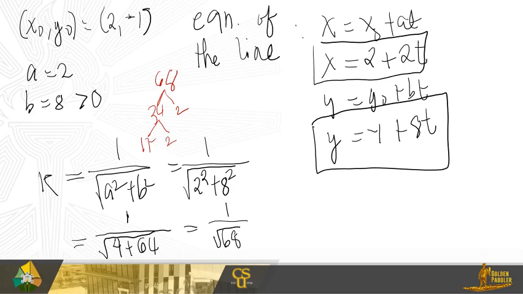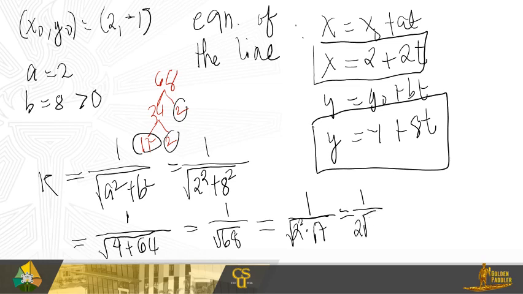So, meron siyang 1 over square root ng 2 times 2, so that is 2 square times 17. Kasi may 17 dito. Okay? So, ang mangyayari, magiging 1 over 2 square root of 17. So, yan yung i-multiply natin sa ating equation of a line.